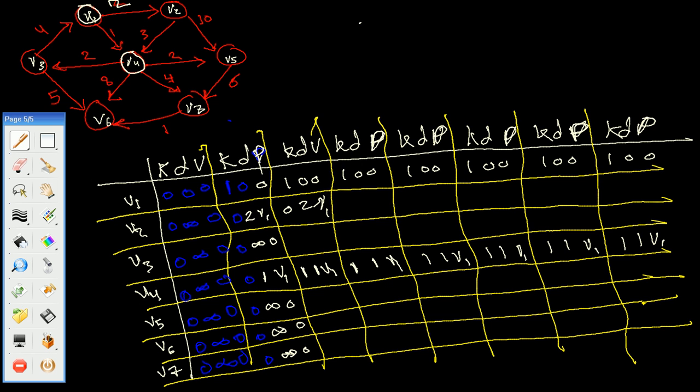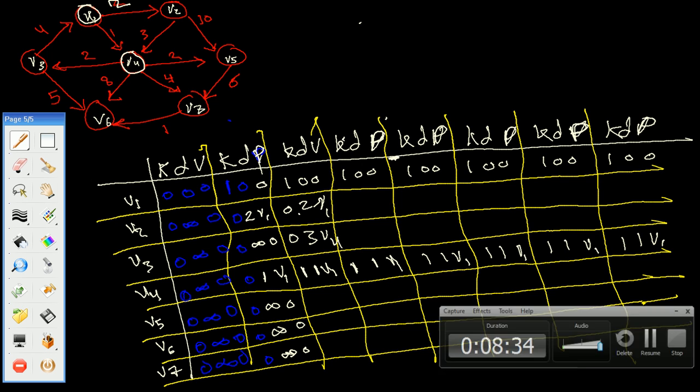In other words, we want to move from V1 to V3, but there is no direct connection. The way that we can move to V3 is V1 to V4 to V3. So in this case, we take 1 plus 2, which is 3. The distance is 3. So here we put 0, 3, and the previous is V4.